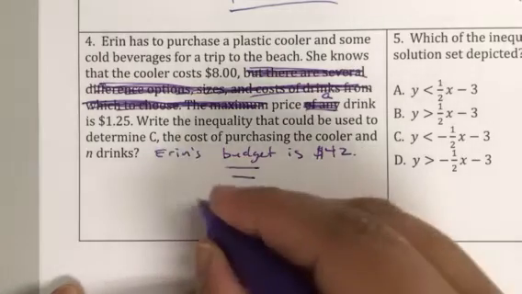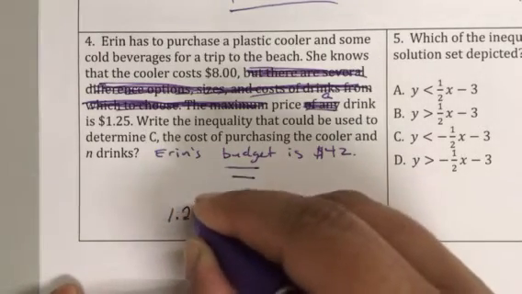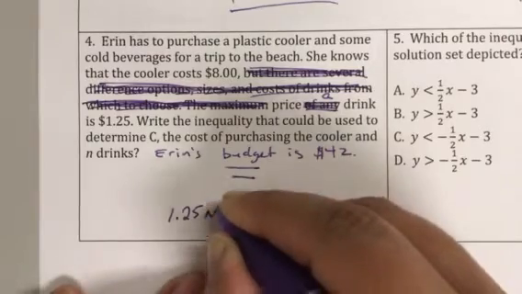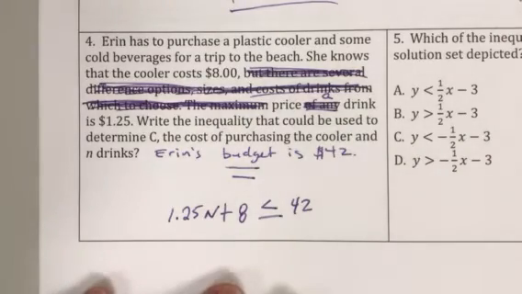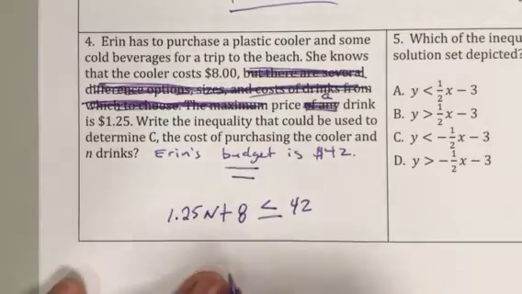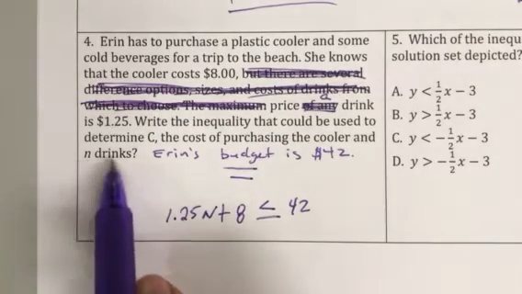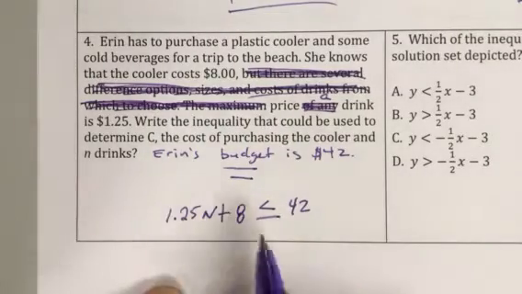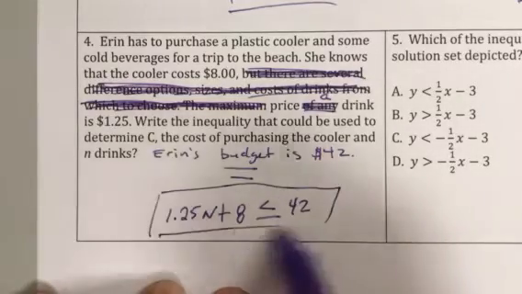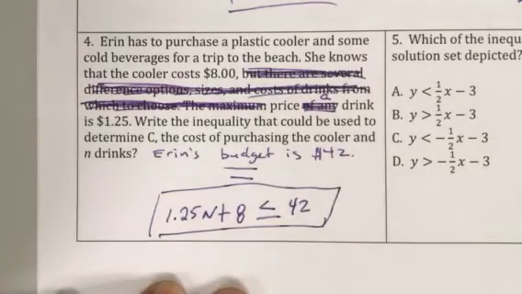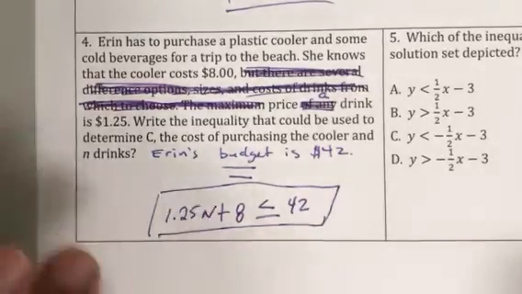Now my drinks, I don't know how many drinks I'm going to buy, but I do know that they cost $1.25 per drink. And why did I put N? Because it tells me here that N is the number of drinks. So this is our answer. Remember, this one was a little bit weird because we had to change some things because there was not enough information on this.